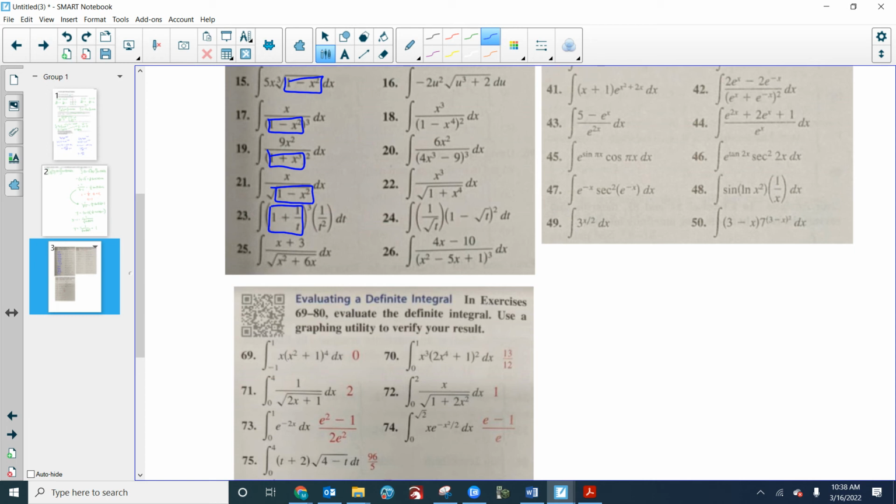It could be a quotient rule, but don't do that. T to the negative 1, take the derivative. Negative 1, t to the negative 2, negative 1 over t squared. Oh, look, 1 over t squared. That's a good substitution.